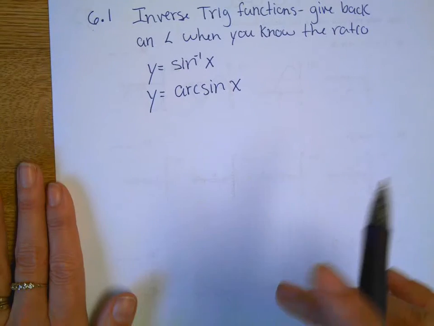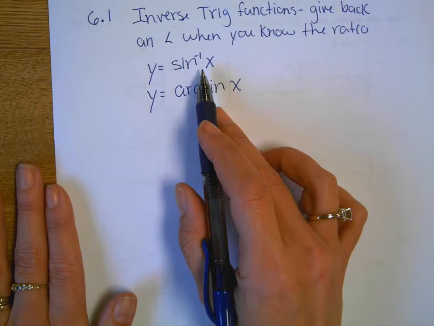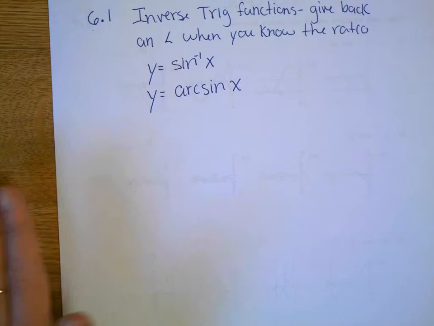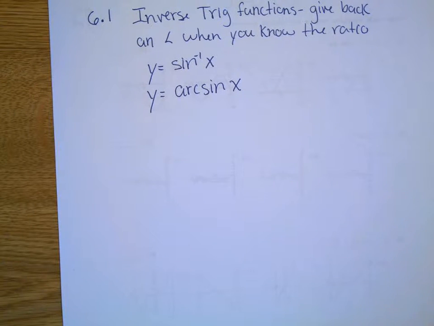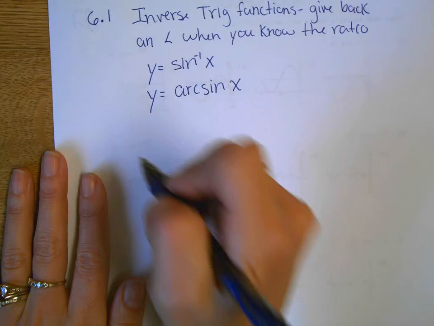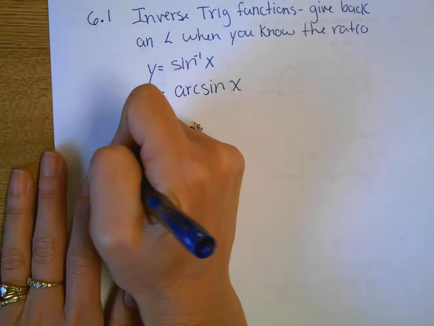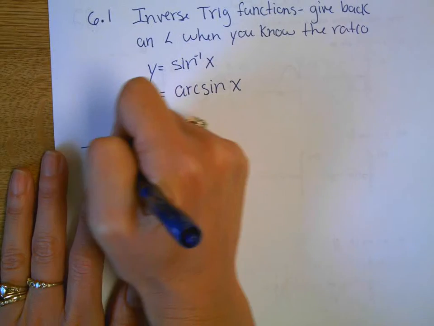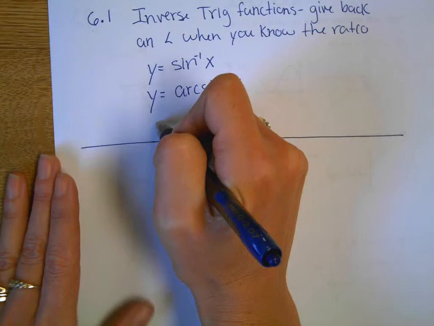Now, you need a little table here. The inverse trig functions have a restricted domain. You know when we did just the regular trig functions, we went all the way around the whole circle from 0 to 360? That was our domain. With the inverse ones, they limit the domain and range. So this table you're going to need for your homework today.